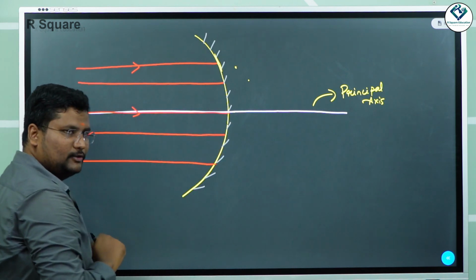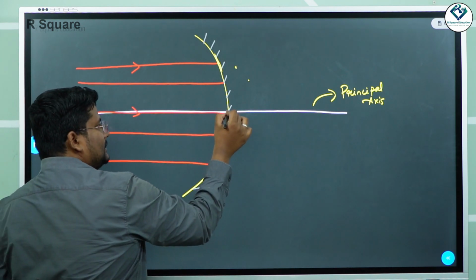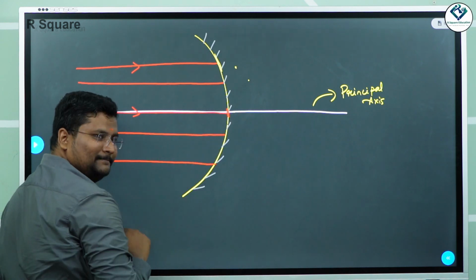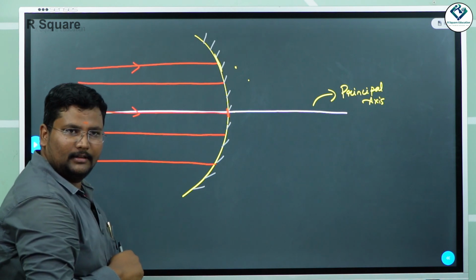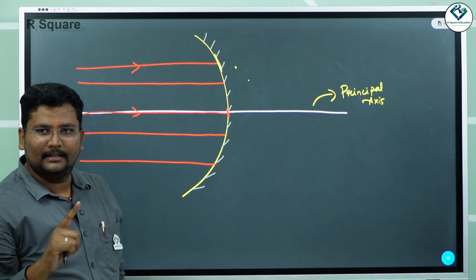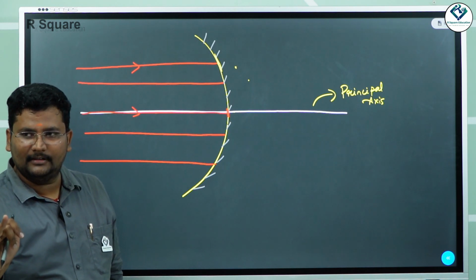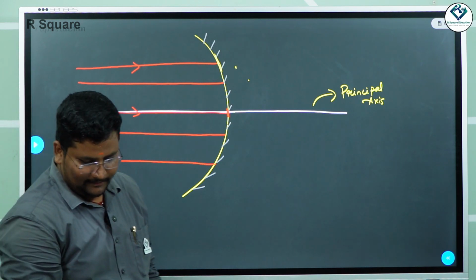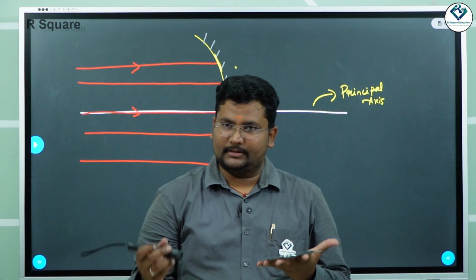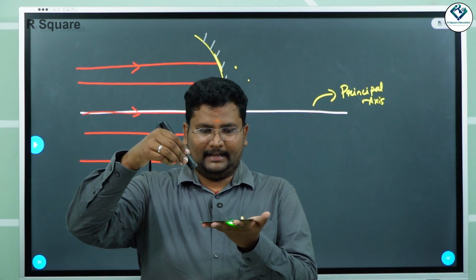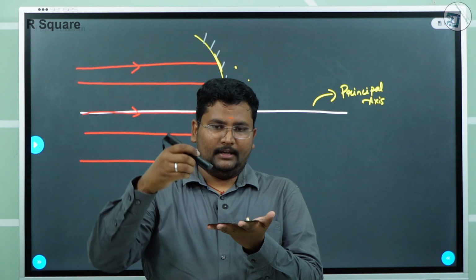Suppose light comes from here like this, right? This point is almost flat, so it is going to act as a plane mirror. The plane mirror rule is: angle of incidence is equal to angle of reflection. If I have a plane mirror and a light source, the light comes at some angle and reflects at some angle.